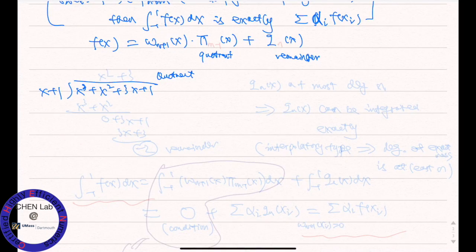If you do x squared, you're going to get x cubed plus x squared, and you need to move 3x plus 1, and plus 3, you're going to get 3x plus 3, negative 2. So that's the remainder. So in particular, this guy is m minus 1, and this guy is n.